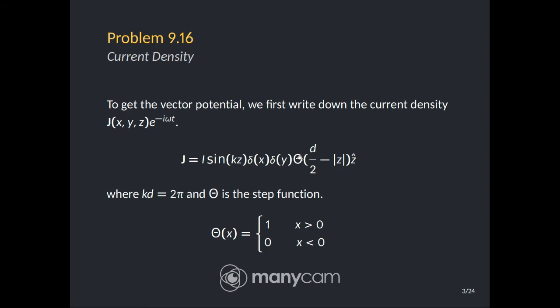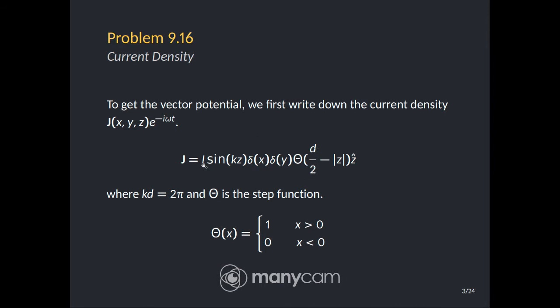For the finite size of our antenna, the theta function gives us unity when the argument is greater than 0, and 0 if the argument is smaller than 0. Thus, our theta function equals 1 when our z coordinate is smaller than d divided by 2.